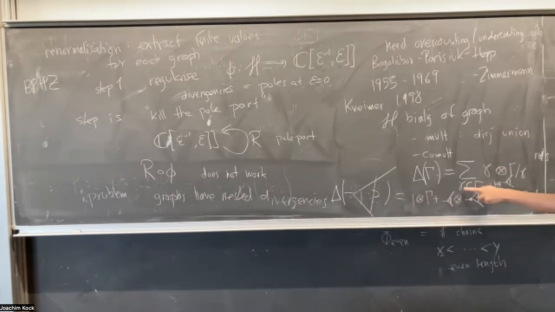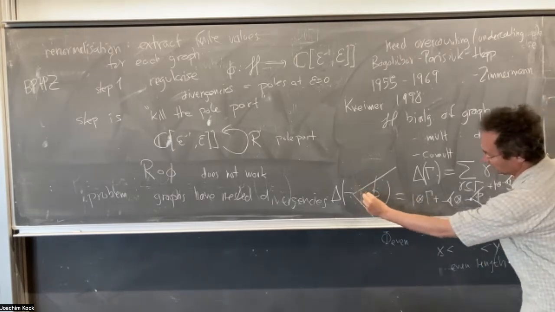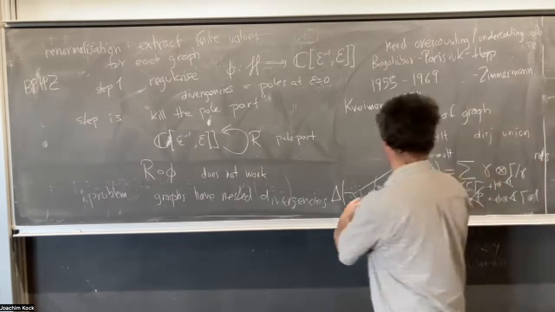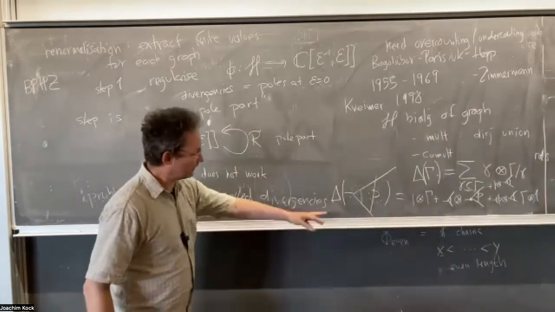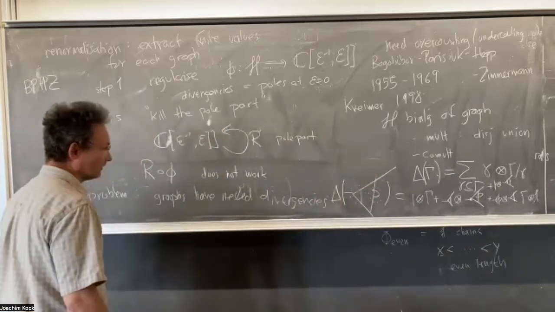That's allowed. They are not necessarily connected here. So that will be both. That's this. And then we have to contract each connected component. So that will just be this one. So there are 5 terms in this co-multiplication. And it does precisely convey the intuition that you have to extract divergent subgraphs.